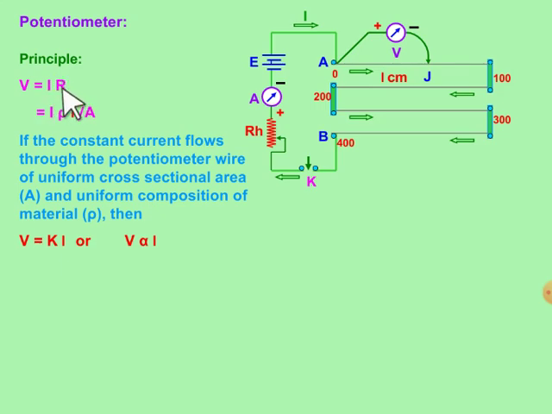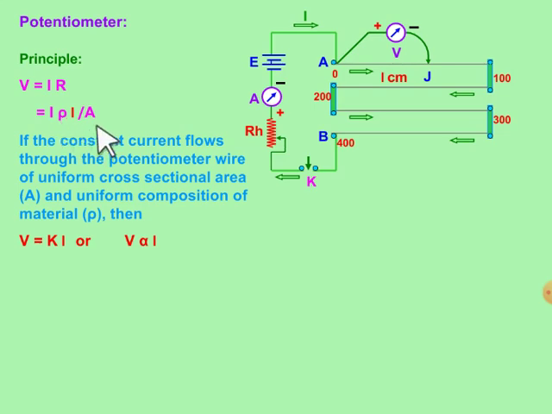And we know that resistance R is directly proportional to the length and inversely proportional to the cross-sectional area, right? So R will be equal to rho L by A, where rho is nothing but the resistivity of the material of this potentiometer wire. So as long as the potentiometer wire is not changing, what happens?